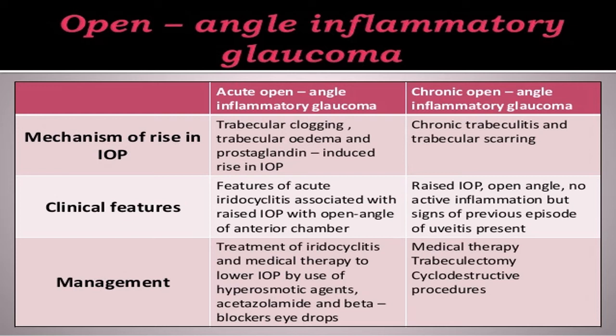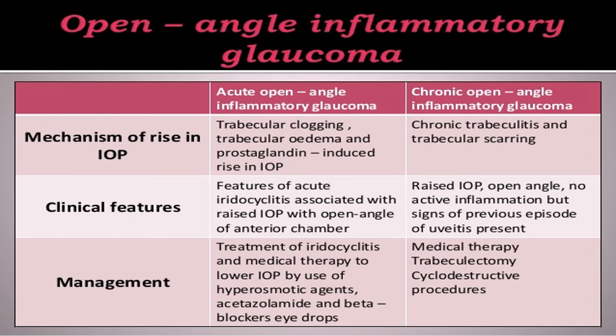Then in chronic, because of trabeculitis, or it can be scarring of the trabecular meshwork, there will be a slow raise in the intraocular pressure, and the chronic inflammatory features will be there. So in that case also you have to start with the medical therapy. If not responding, you have to go for the trabeculectomy.